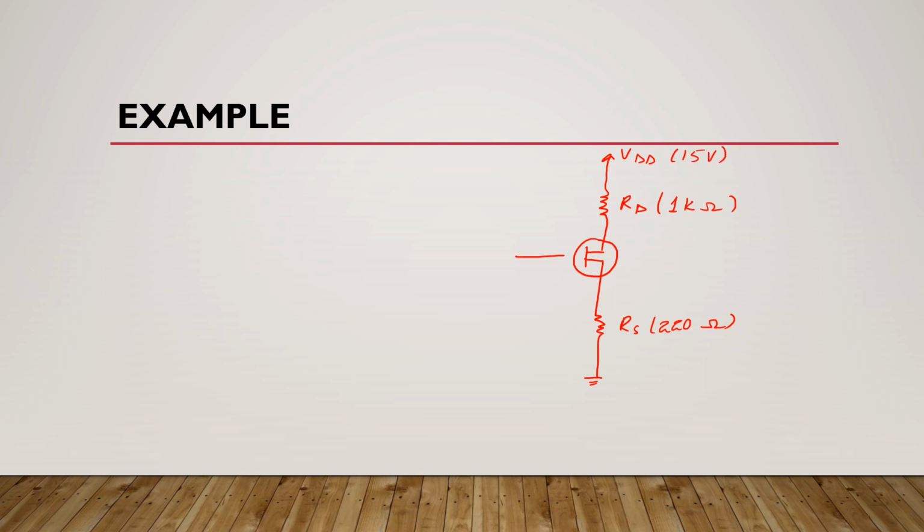Here the arrow is like this, and here we have Rg, which is 10 mega ohms, and here this Vg is 0 volts, and this is the direction of drain current, which is 5 milliamperes.